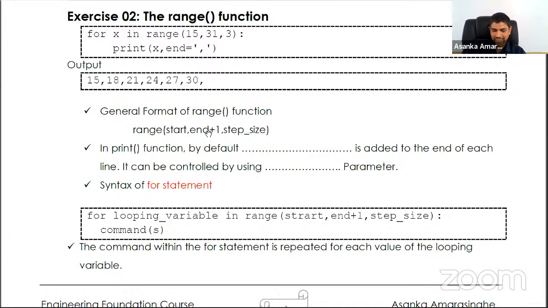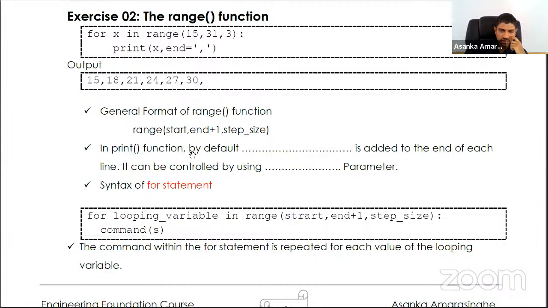If you want to end at 5, you have to put 6, n+1, then step size. The default step size is 1. The default starting value is 0. I think the range function is very clear because it is very similar to the slice notation that we discussed under strings.